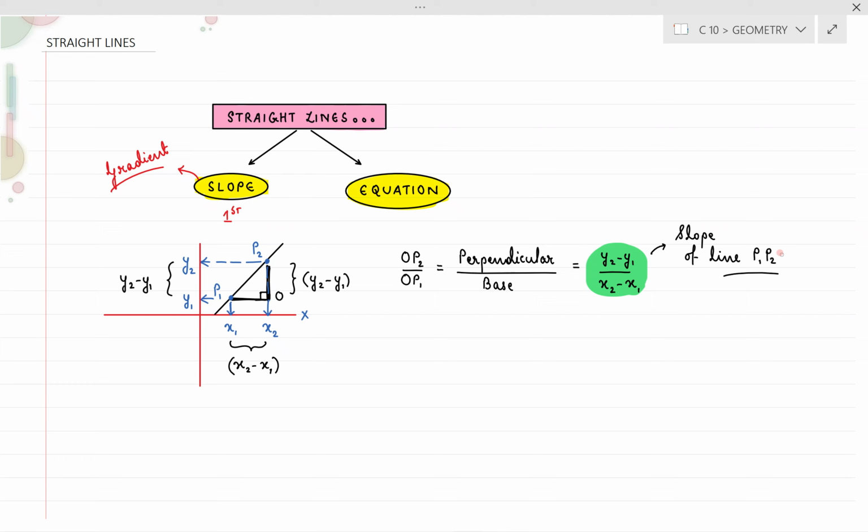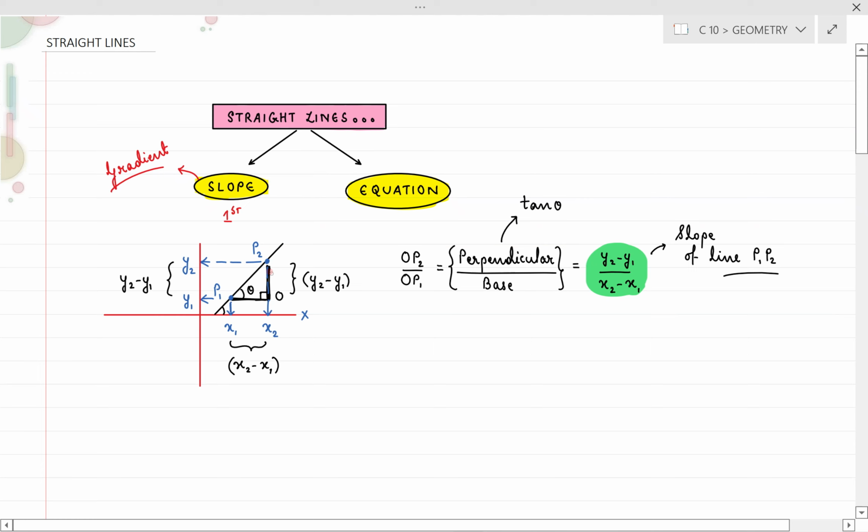So what does this mean? We also know that perpendicular by base is also known as tan theta. Now what is this theta? This theta is the angle of line with respect to x-axis. This is theta here. This is also theta. The meaning is same. Corresponding angles.